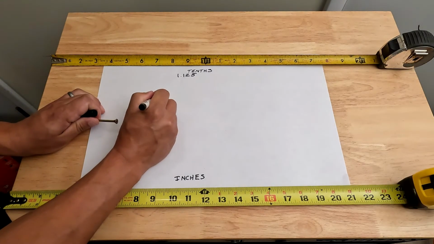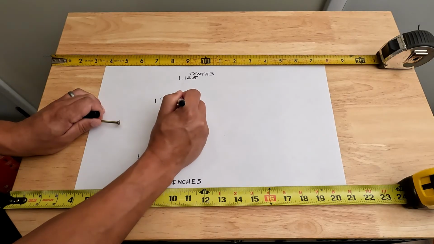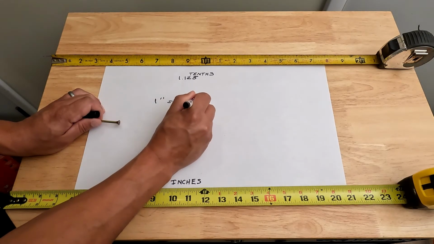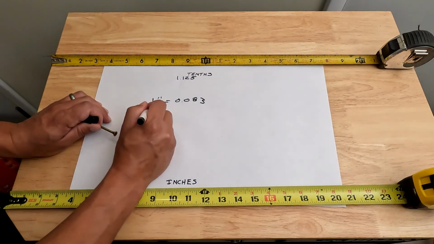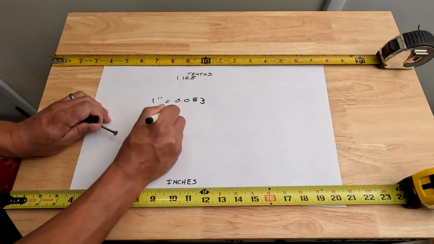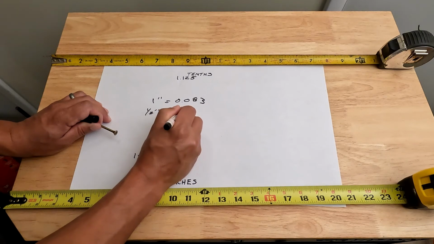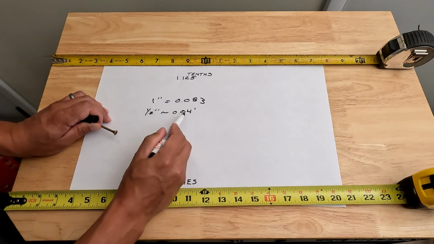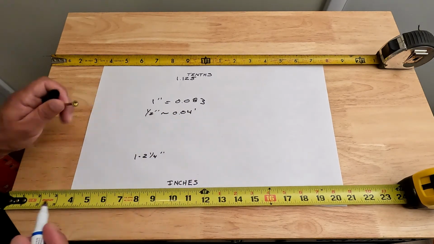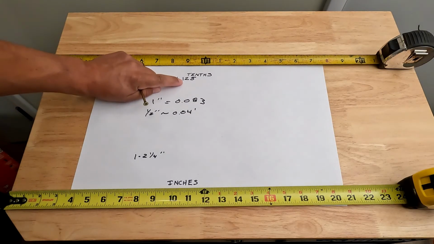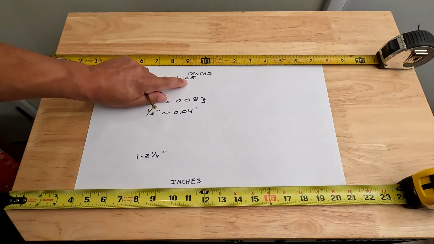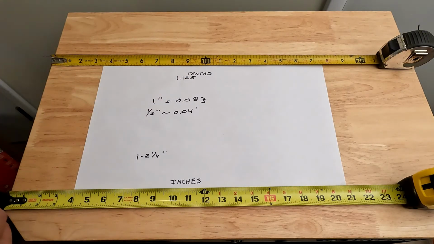So 1 inch equals 0.083, and then 1/2 of an inch is roughly 0.04 feet, which would be 4/100. Because again, we have our foot, 1.1, that's our tenth, that's our hundredths, and that's our thousandths.